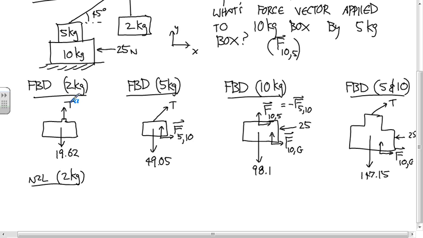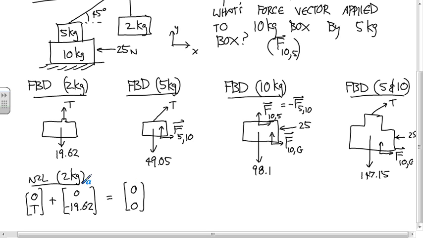Okay, so this is 0, T. And then this one's in the negative y direction. So 0, negative 19.62. And those are equal to 0, 0. So that gives you 2 equations.